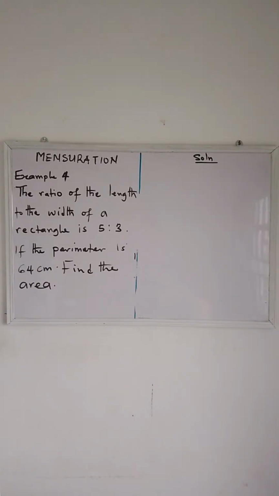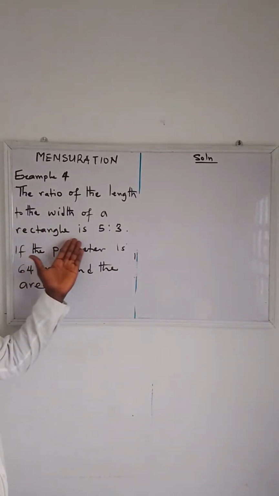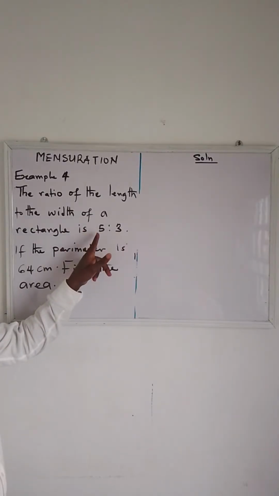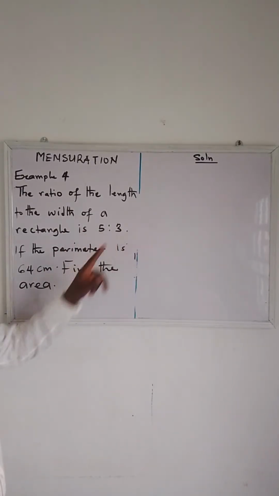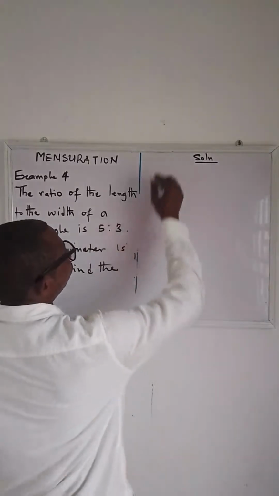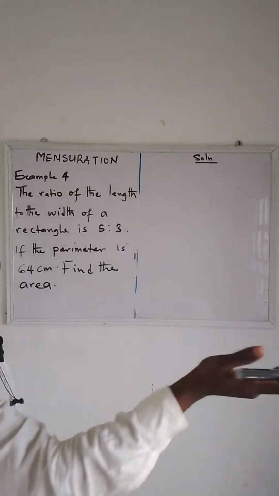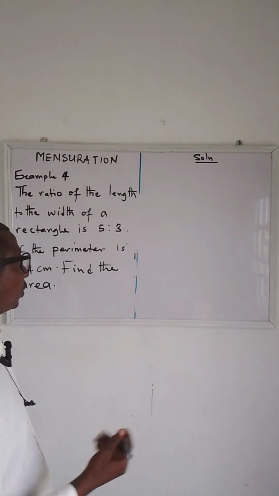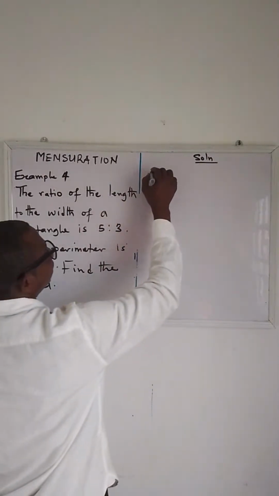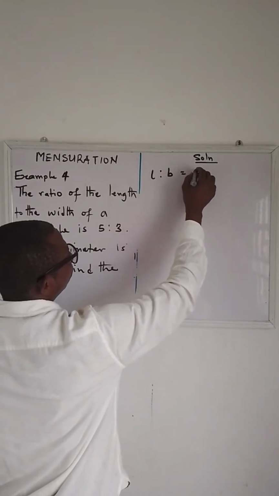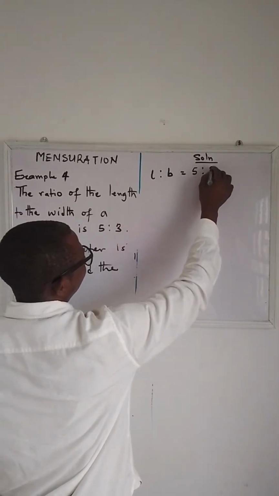Now, the ratio of the length to the width of a rectangle is 5:3. So that means this is the length and this is the width. You know your length is always represented with L and your width with B, or you use W. Let's use B. So we have the ratio of the length to the width equals 5:3.